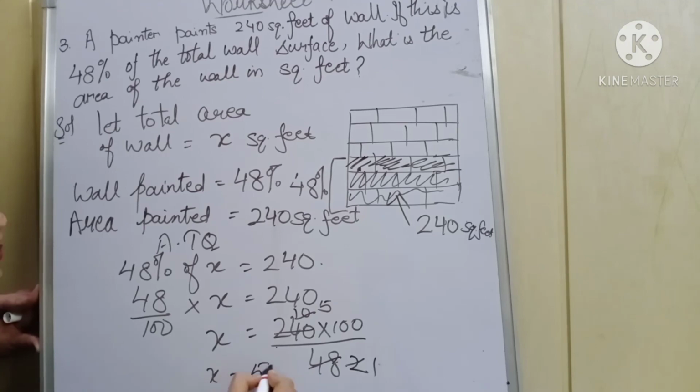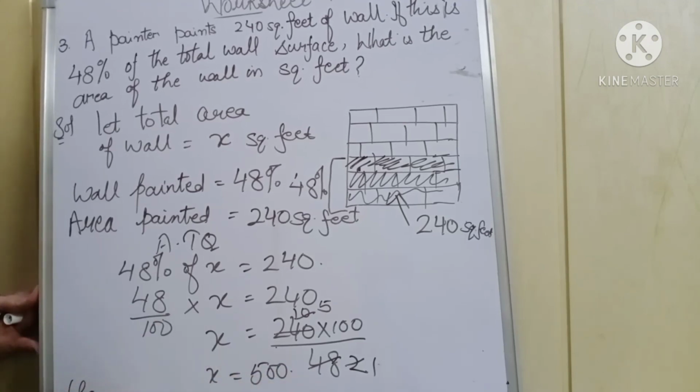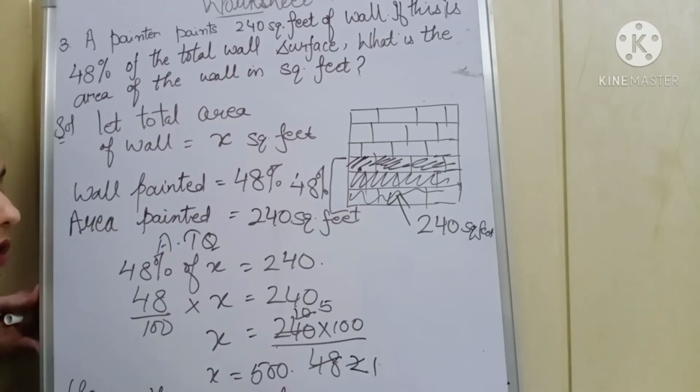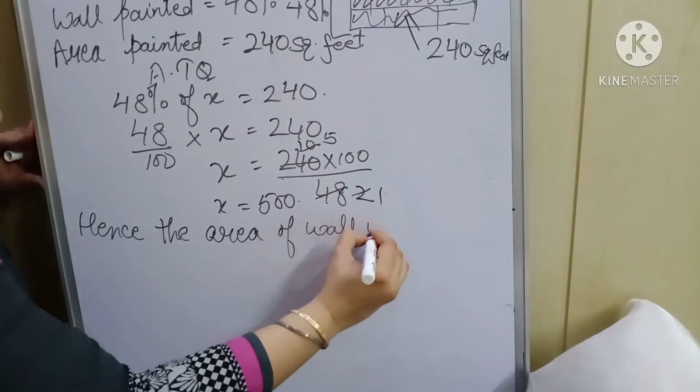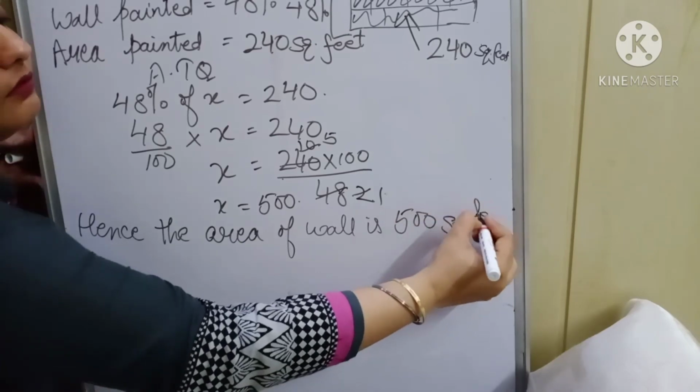X is equal to 500. So what do we say? Hence, the area of wall is 500 square feet.